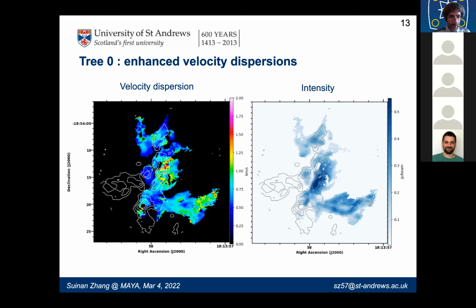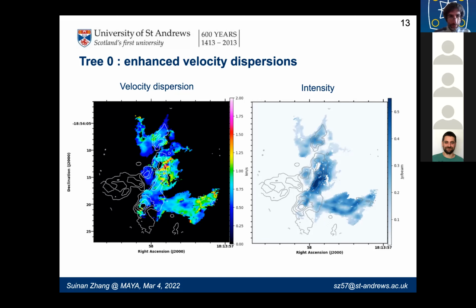I hope I have time for 2 more questions. Yeah, we have time for at least 1 or 2 questions. Are the gas accretion features also found in other clusters or trees? Not all of them. Tree 0 is the most dominant and probably the most interesting tree in our result.